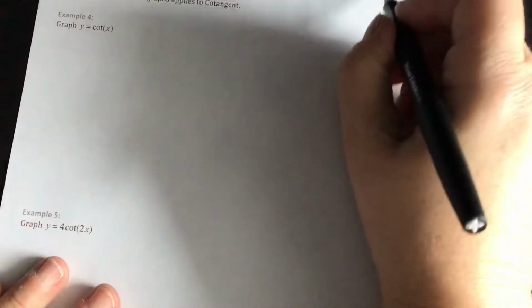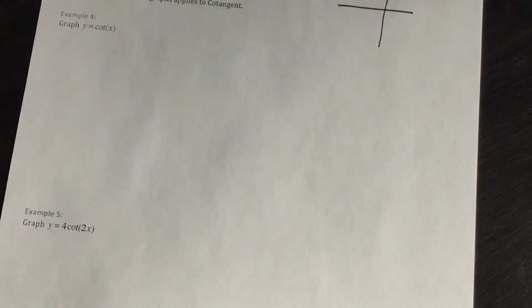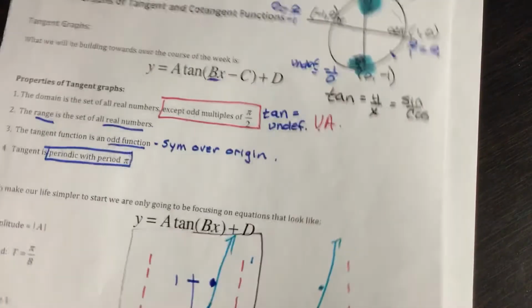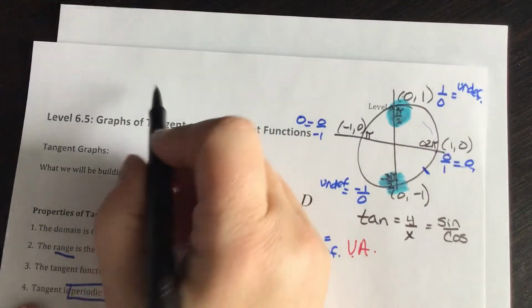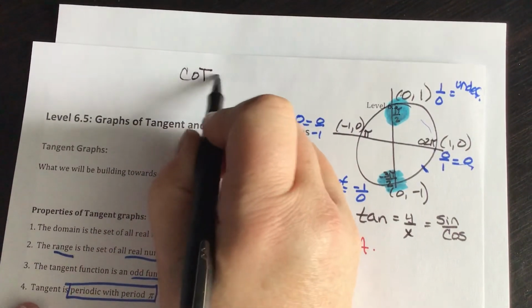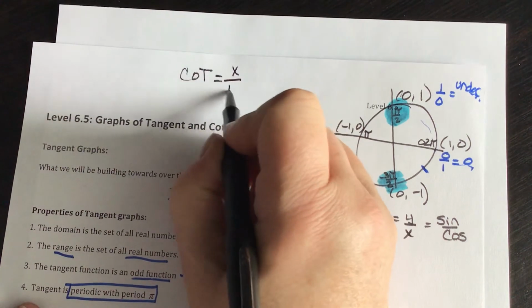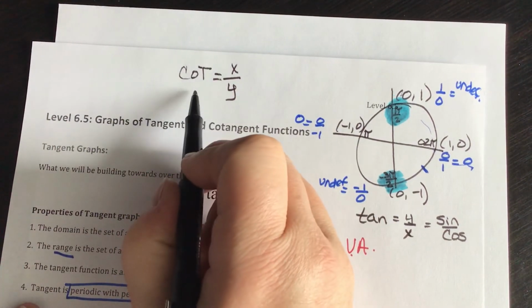All right, now let's look at cotangent. Cotangent is very similar to tangent. Let's look at a quick unit circle here. Or actually, I can just bring in the other one. So in this case, for cotangent, I'm going to write up here, we're going to have x over y, because tangent was y over x.